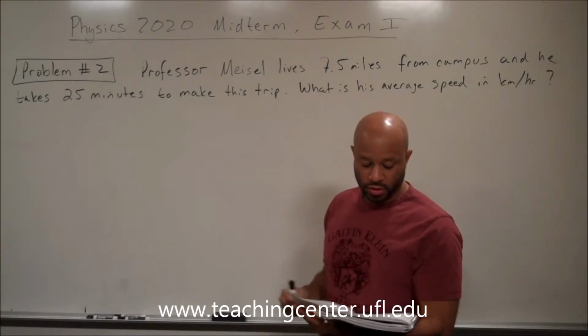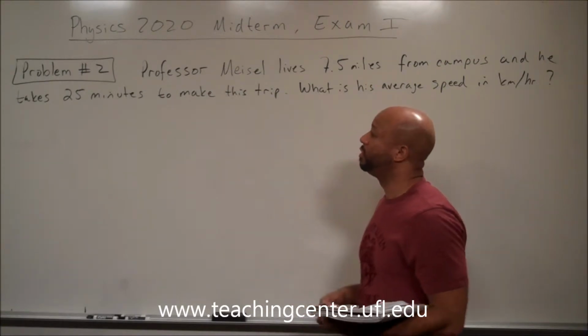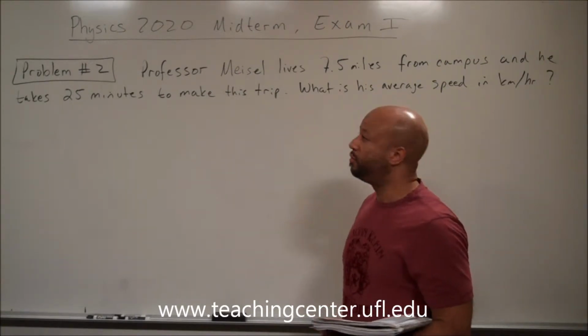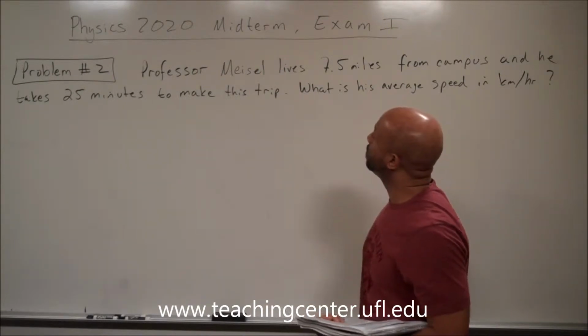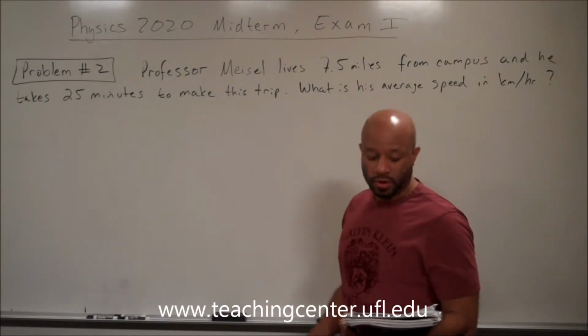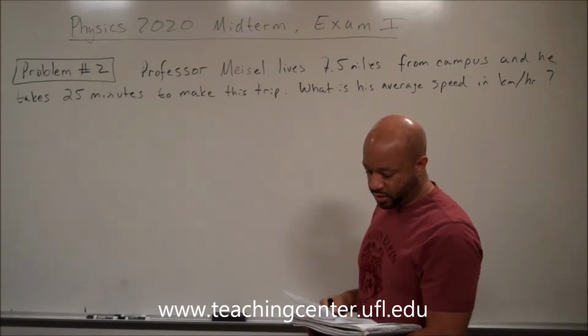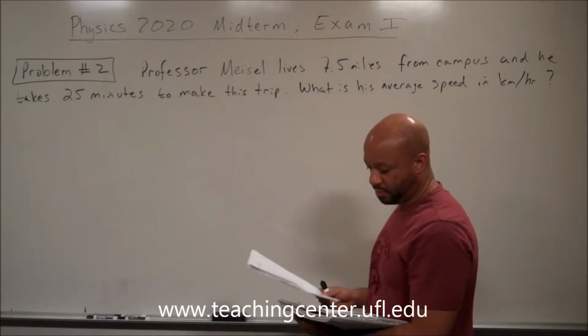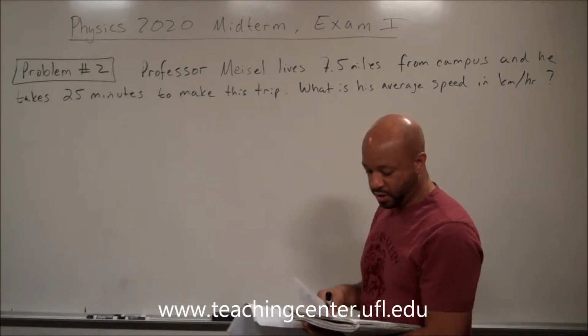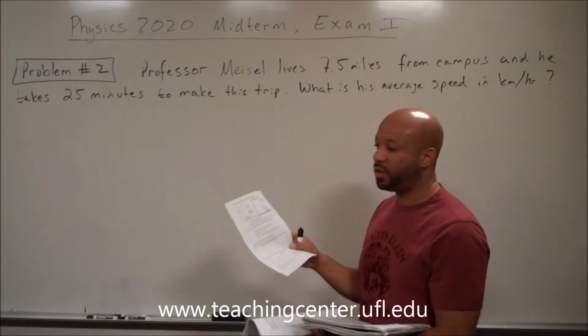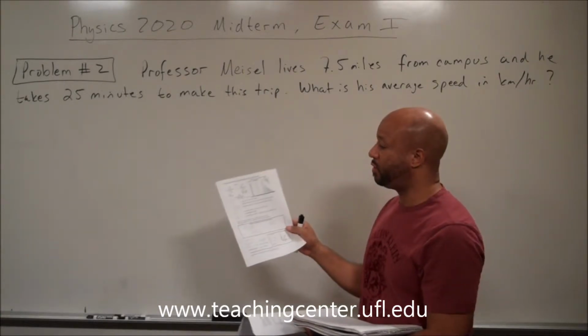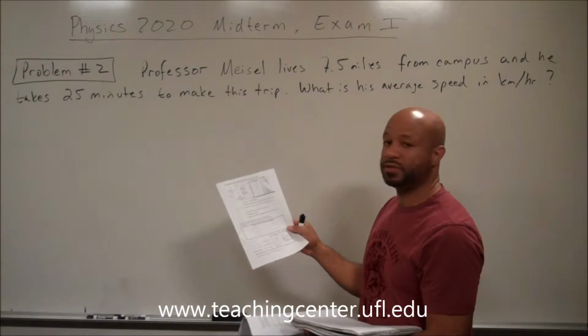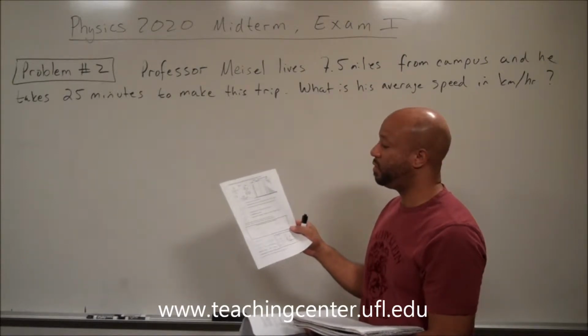Okay, I'm going to work through problem number 2 for Physics 2020 Midterm Exam 1. For this particular problem, I'm going to be referring to the formula/review sheet by QIU Physics 2010 for Midterm Exam 1.